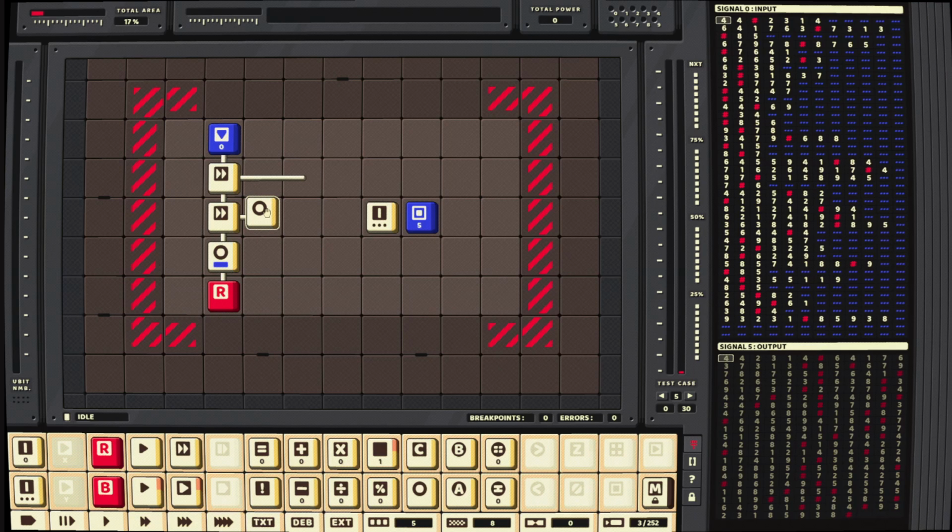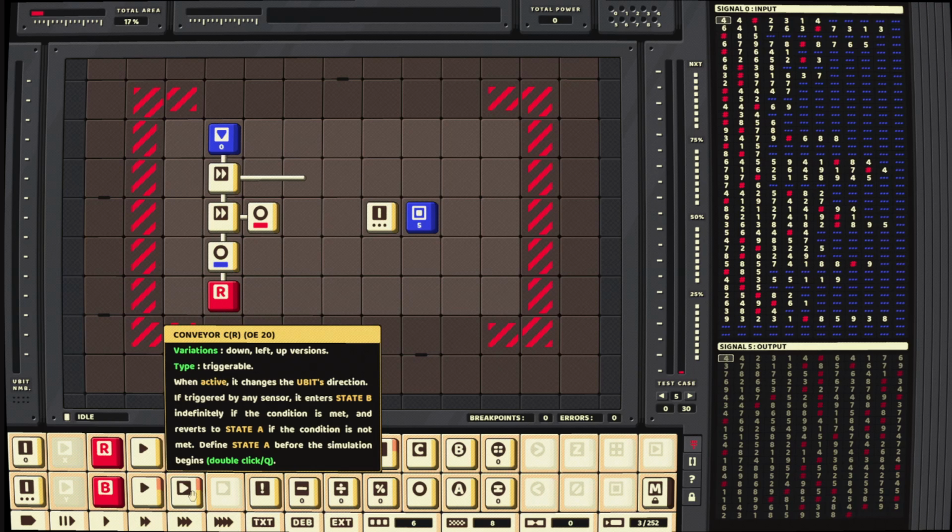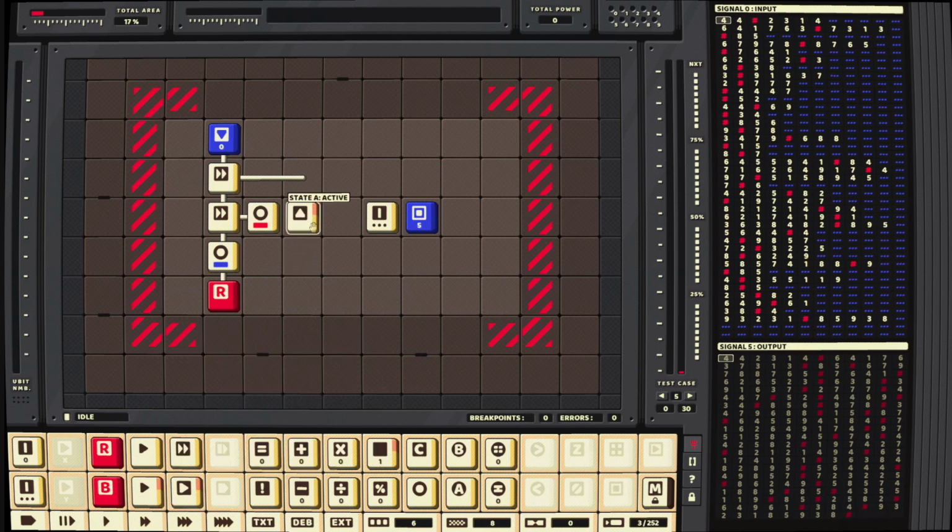Have another color sensor here for, I think, red is appropriate. And if it needs a conveyor of this sort.